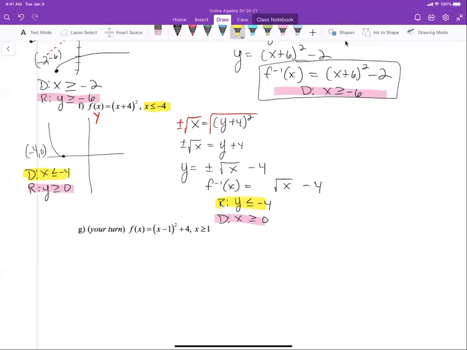So if my range, my y values, has to be less than or equal to -4, because it's less than, I've got to use this negative, because if I pick the positive branch, eventually I'm going to be greater than -4, and I have to be less than, okay? So I'm only going to use the negative branch of that equation. I feel like that's a little bit tricky, but I hope that makes sense.